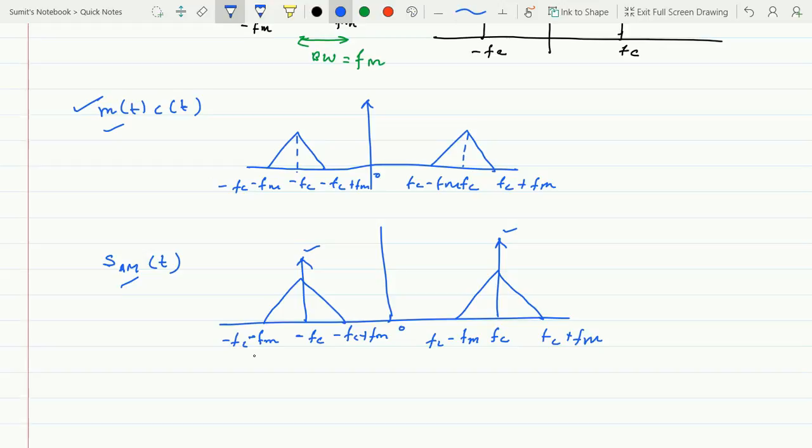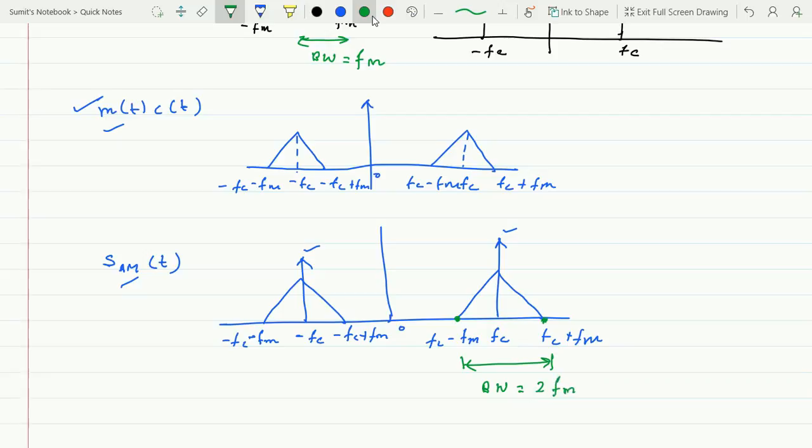So now this is your spectrum of the amplitude modulated signal. Now if I want to analyze the bandwidth, I can see that this signal extends from fc minus fm to fc plus fm. So if I subtract the highest frequency component and the lowest frequency component, I'll get the bandwidth. If you subtract this, you will get 2fm.